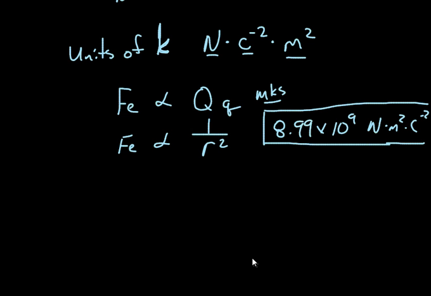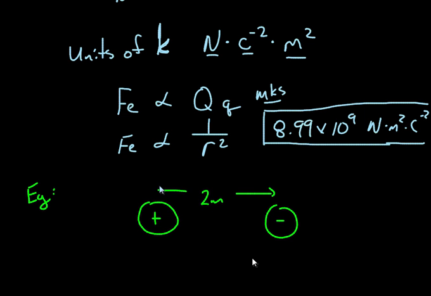So let's look at a fun little example here. Let's say we want to use this. We have a positive, we have a negative. Let's put them 2 meters apart, just for fun. Let's say there's 3 microcoulombs on here, and 5 microcoulombs on here.